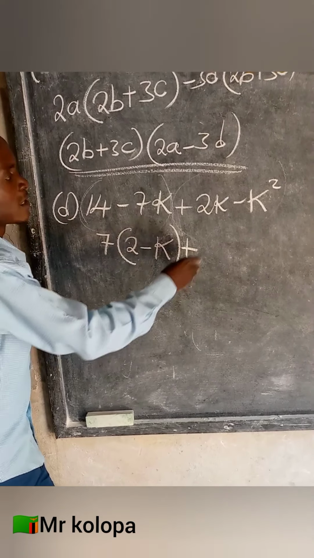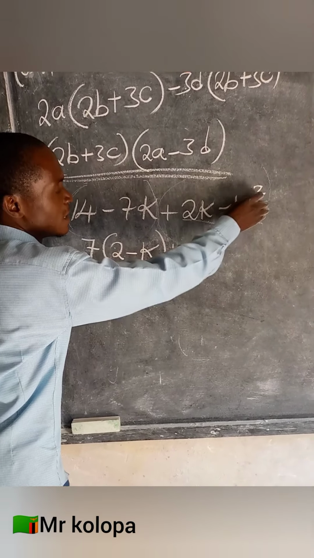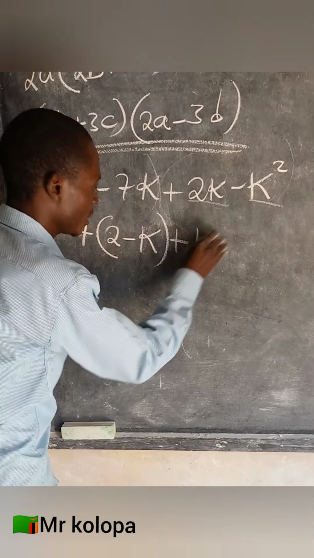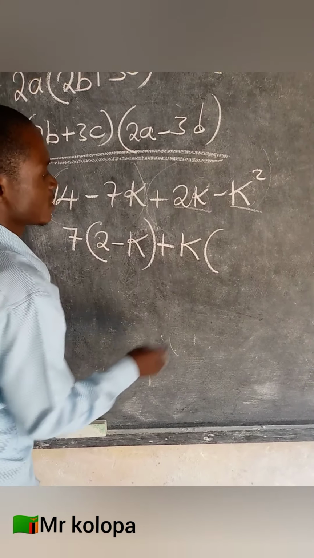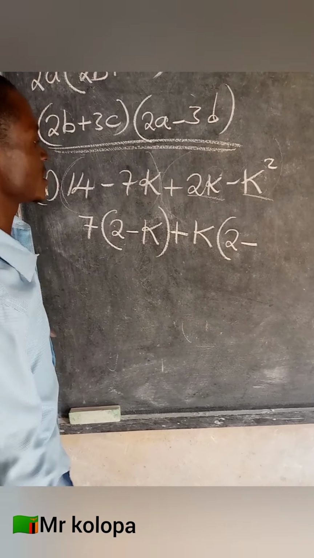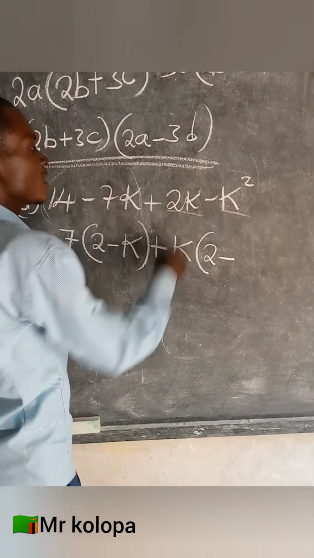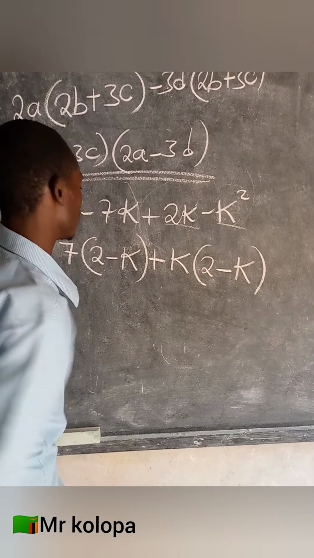Then this sign. So if you look at here, what is common? There is a k and there are two k's there, so one k is common. So k is common, open brackets. If k is out, what are you going to remain with there? You remain with a 2 minus. So k into k squared, it means you are removing 1k, so you remain with a k, open close brackets.